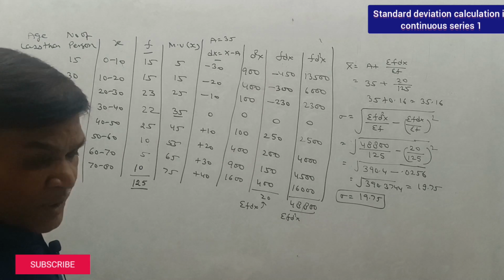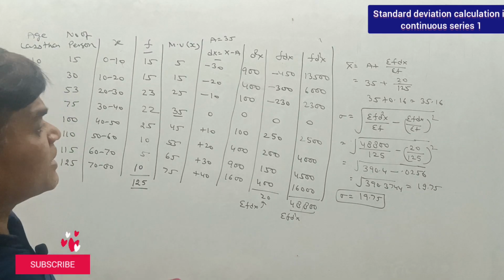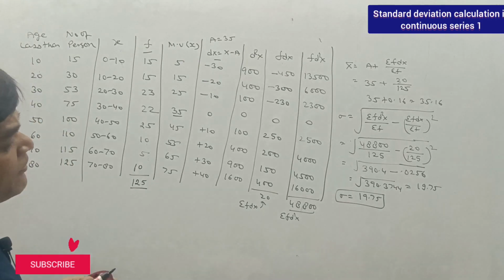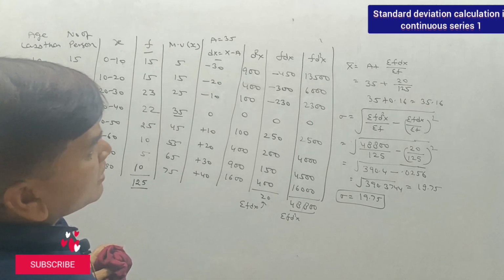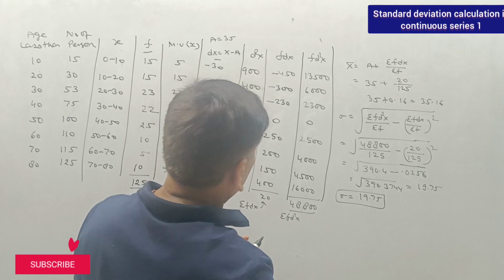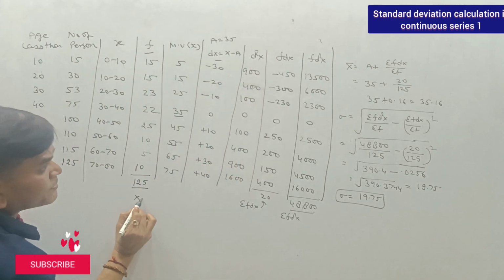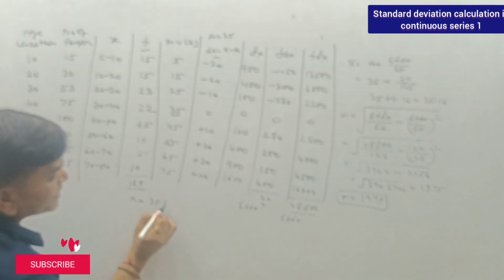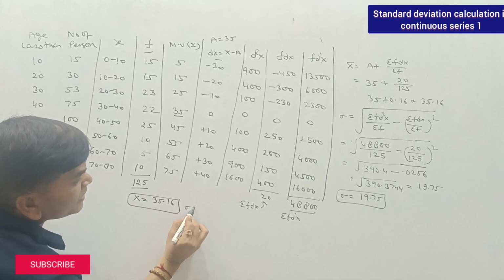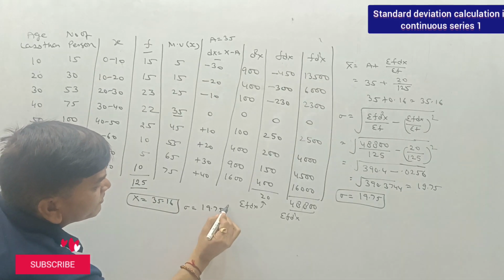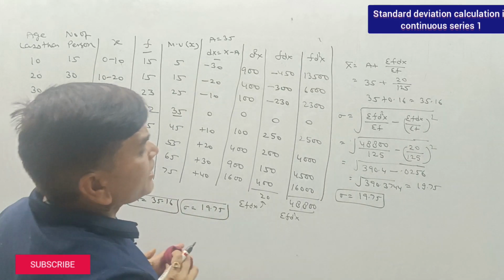Now if we want to calculate other values, we have here x bar equal to 35.16 and standard deviation 19.75.